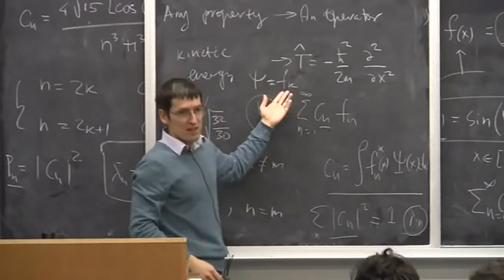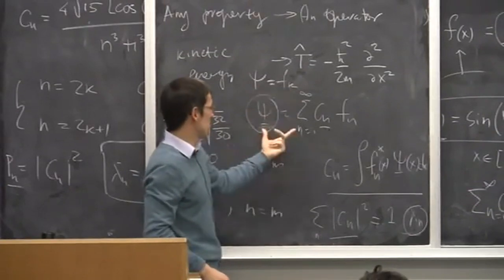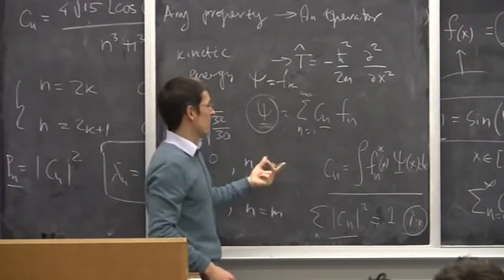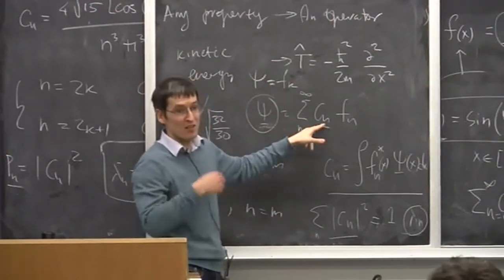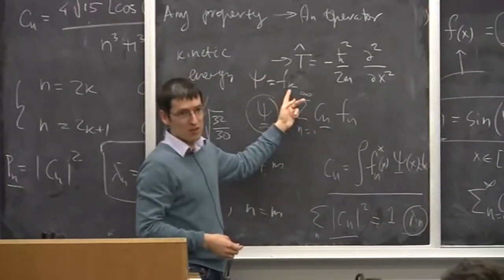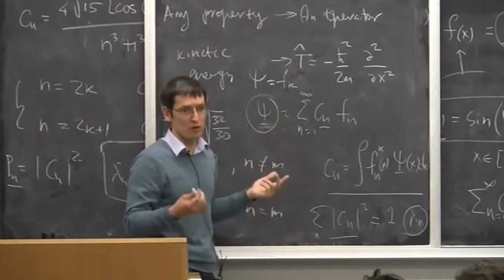And if that's the case, that's your expansion. That means all the coefficients are 0 but one, and that one coefficient is in front of the function that is equal to your function.